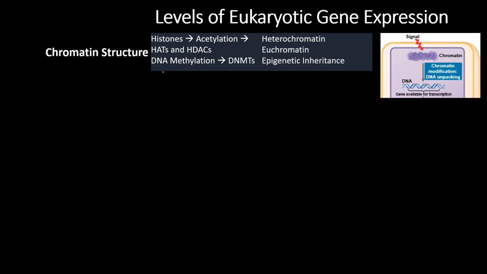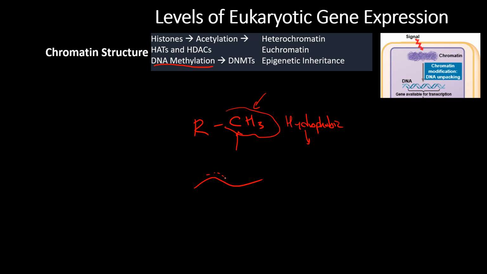The second way we can regulate chromatin structure, simply put, is by methylating the DNA. A methyl group is just a carbon with some hydrogens, and the key here is that this is hydrophobic. Remember, hydrophobic means it doesn't like water. DNA is negatively charged, so it likes water.